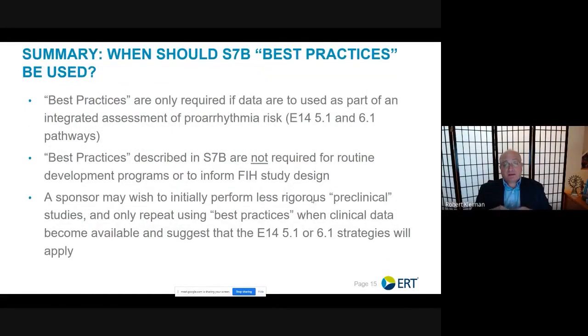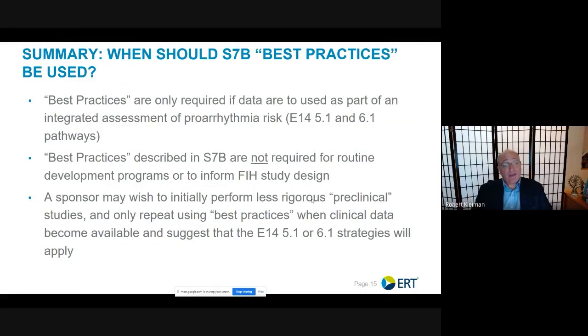I'll reiterate the point I made earlier. When should S7B best practices be used? Now, you're always welcome to use best practices all the time, but that isn't absolutely necessary. These are really only required if you're going to use the non-clinical data to supplement the clinical data as part of an integrated assessment as described in E14, 5.1, and 6.1.